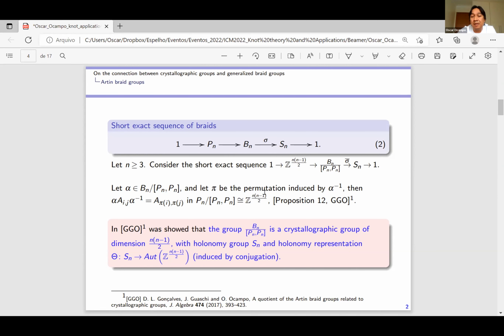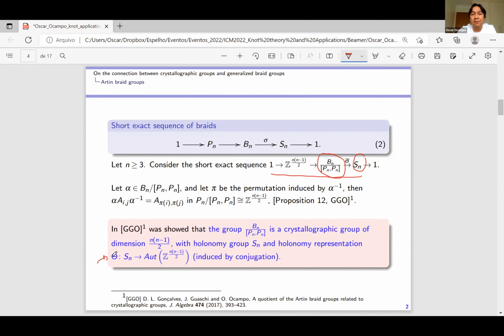We show that the middle group in this short exact sequence is a crystallographic group, with the finite group as the holonomy group, and we obtain a holonomy representation.